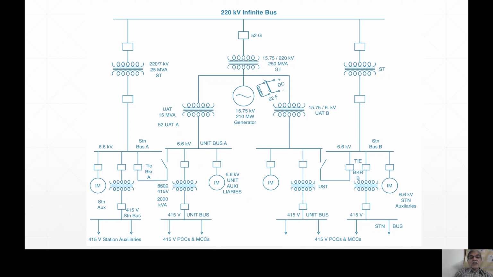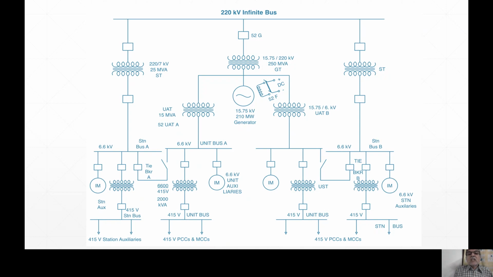So station bus A feeds the unit to restart. But it is not only restarting, my dear friends. There are also many emergency auxiliaries which are to be fed even when the unit is stopped, even when the unit is not working. Say, APH motor, the air preheater motor, cannot be stopped, otherwise it will be damaged.